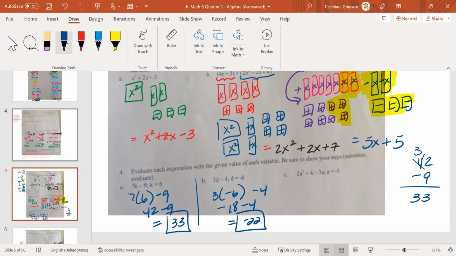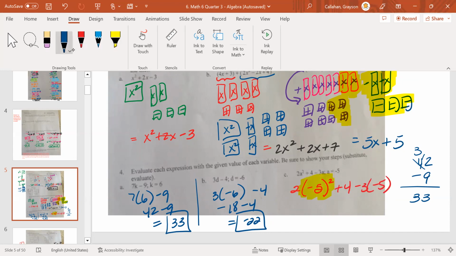Okay? C, you made a typo or a mistake with the signs, which is a minor issue, but still. 2 times negative 5 squared plus 4 minus 3 times negative 5, right? First you want to do this part right here. This is where you made the mistake. If the negative 5 is in parentheses, what it's saying is negative 5 times negative 5.